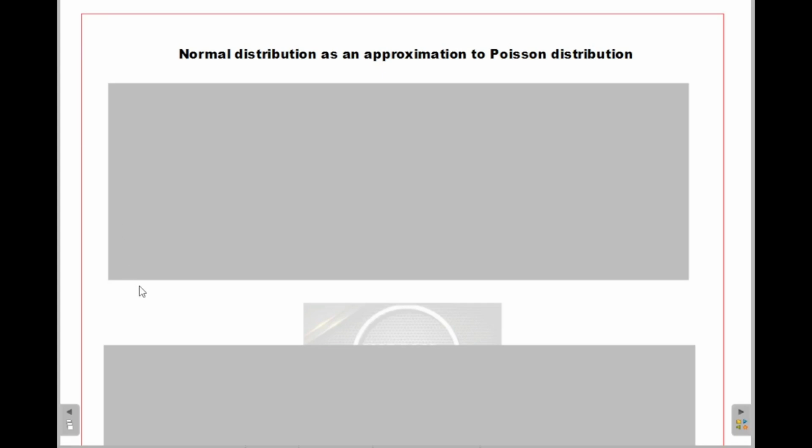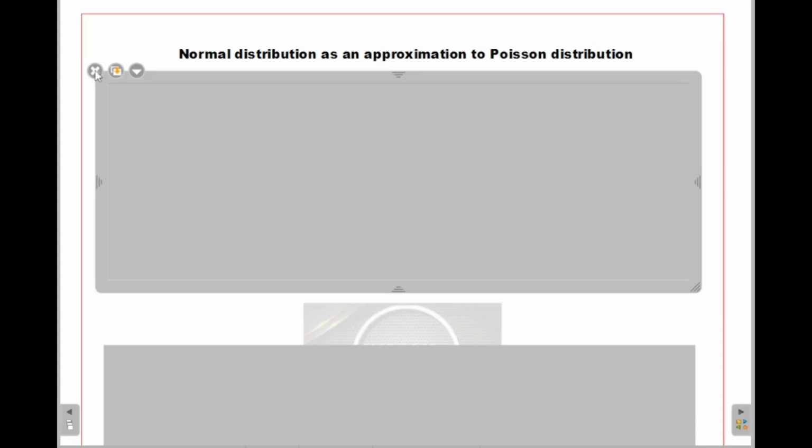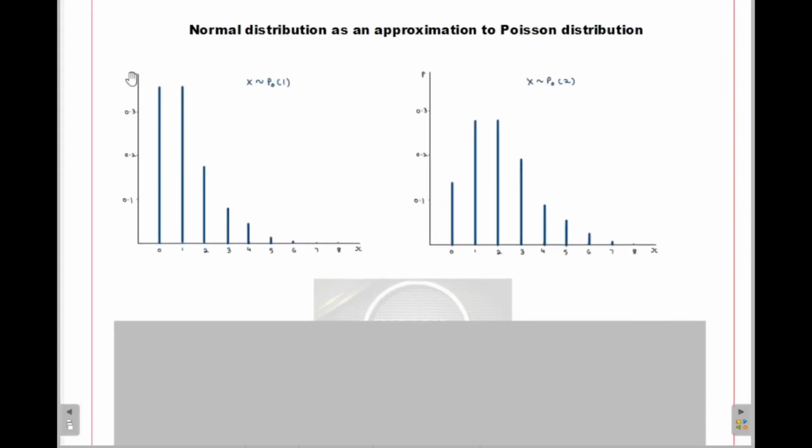So let's begin with today's video now. Today we are going to see how normal distribution can be used as an approximation to Poisson distribution. To understand this, we will see the probability distribution curve of a discrete random variable which is following a Poisson distribution. Here I have drawn a probability distribution curve for a discrete random variable x following a Poisson distribution, having a parameter lambda equal to 1.